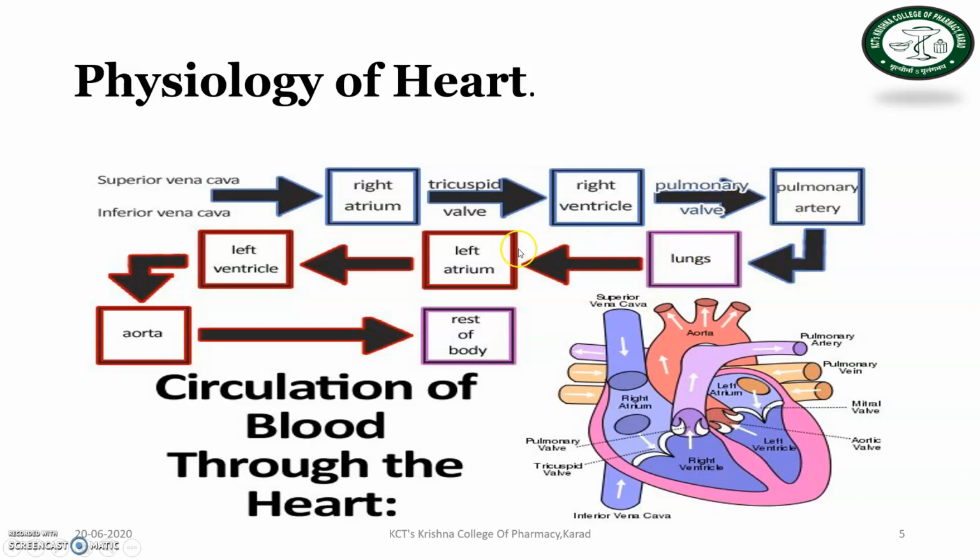Then the blood goes to the left atrium, into the left ventricle, and then to the aorta, and after that the blood goes to the whole systemic part or major organs of the body.